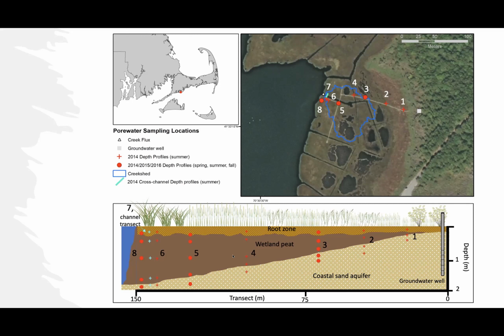You'll see that repeatedly through different slides that I show you today. I'll note that this sampling density of 8 profiles, we only did in 2014. For 2015 and 2016, when we did seasonal measurements of porewater, we had just these sites that are in the round circles. So there were 3 profiles through the subterranean estuary there.